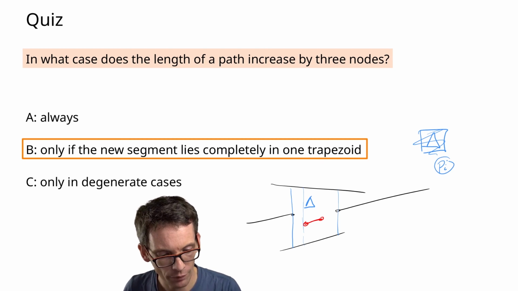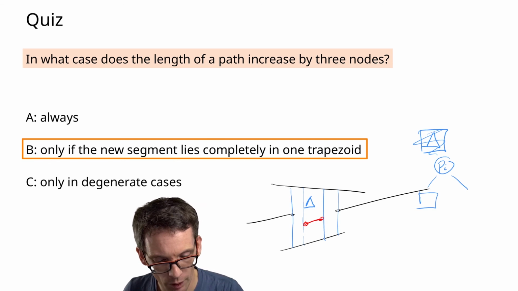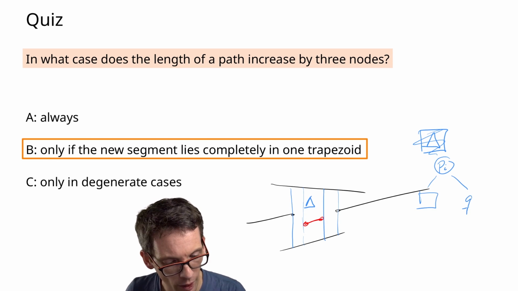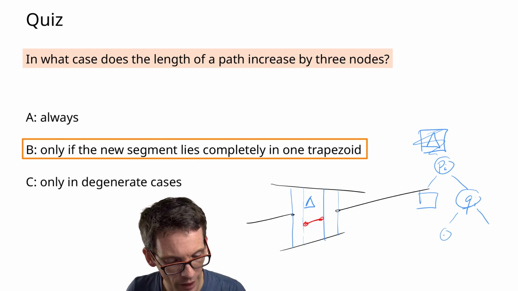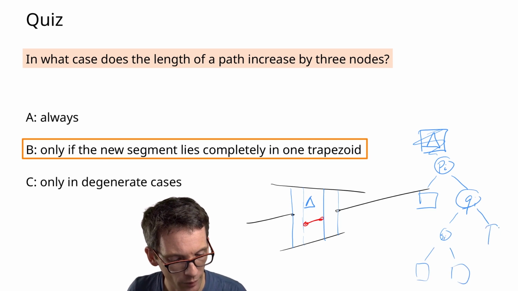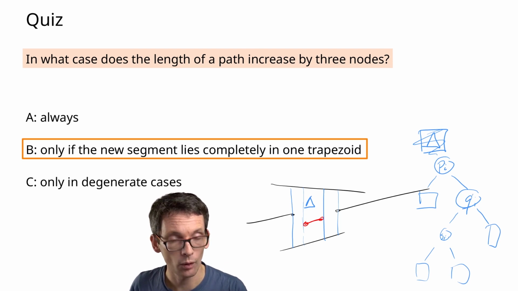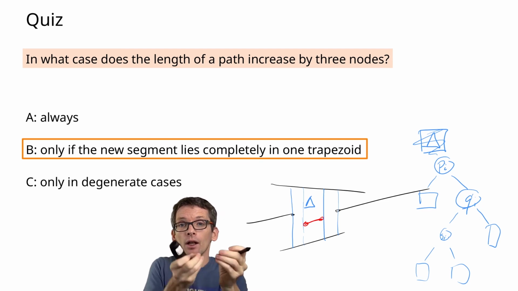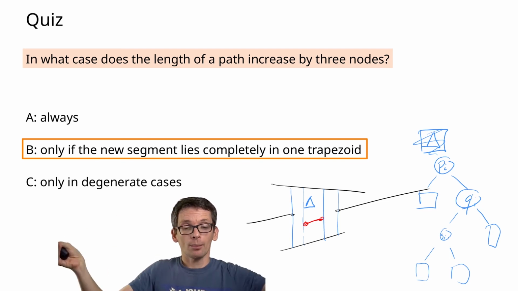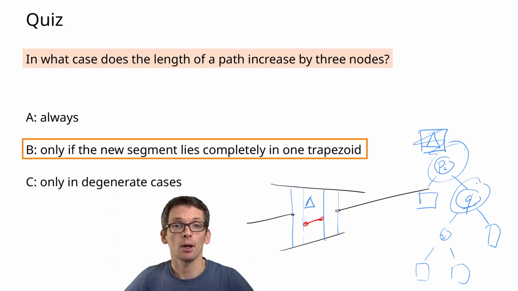Then on the left we just have one new trapezoid. On the right we now need to decide whether we are left or right of Qi. Then on the right we just have one trapezoid. Then we have the Si here, and then the new trapezoids here and here. So in this case the depth increased by 1, 2, 3 nodes. But otherwise that does not happen, because if the segment goes through several trapezoids, these two nodes will not appear in the same search path.